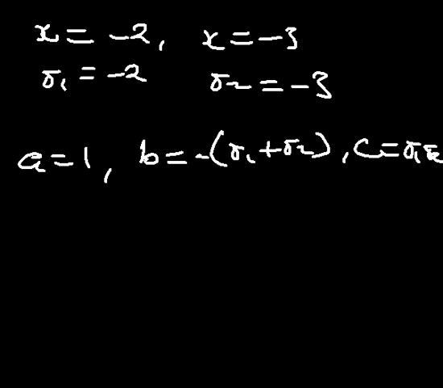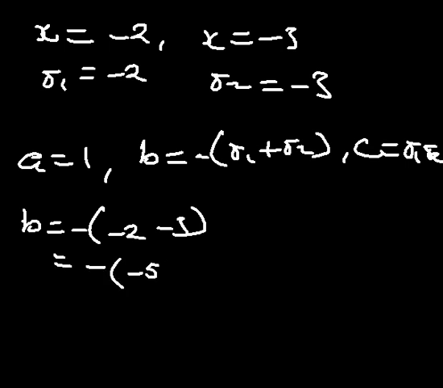In other words, this formula tells us to find the value of b and the value of c first, and then substitute into the general expression for the quadratic equation. So what is the value of b? The roots are negative 2 and negative 3, their sum is negative 5, so b is positive 5.